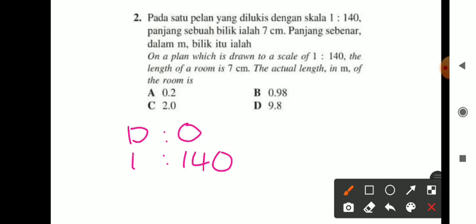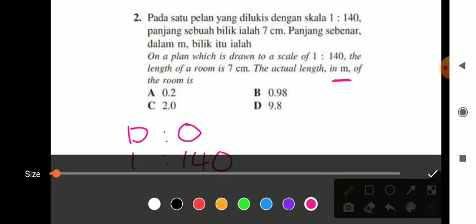On a plan, meaning that when you draw, the length of the room is 7 cm. But what is the actual length of the room in meter? So now the question wants, in the end, your answer to be in meter. So cepat-cepat you tukar cm kepada meter dulu before you do any calculation.